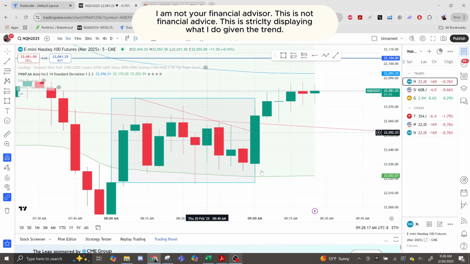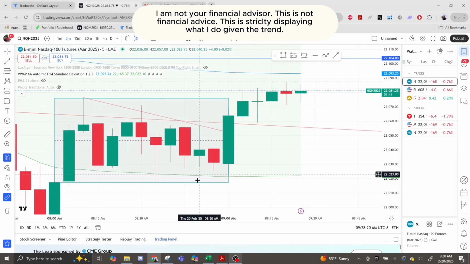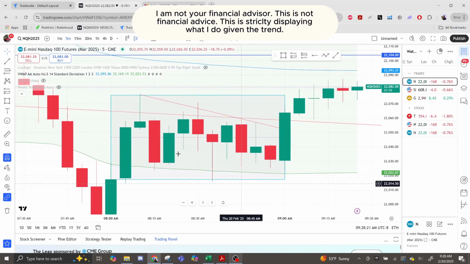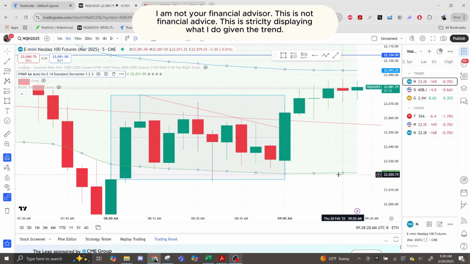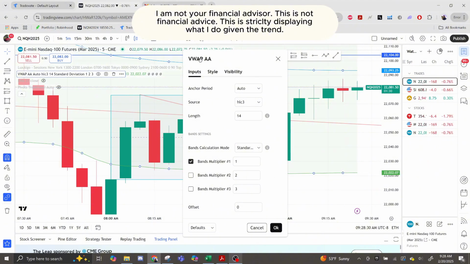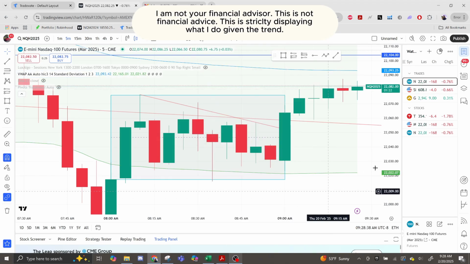Okay, so we have a good idea of, we wait for specific zones. This indicator, let me open it up. This is the VWAP AA, and I only have bands multiplier 1 checked. These two are unchecked. I don't really use those at all.